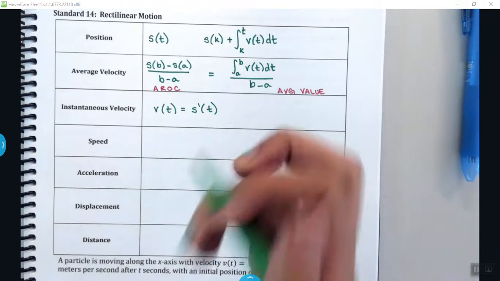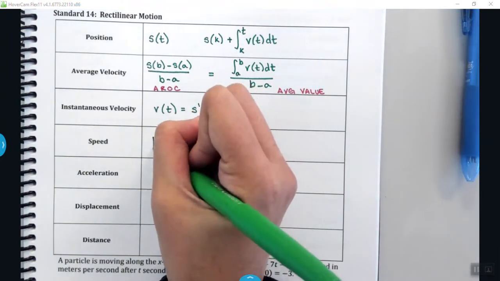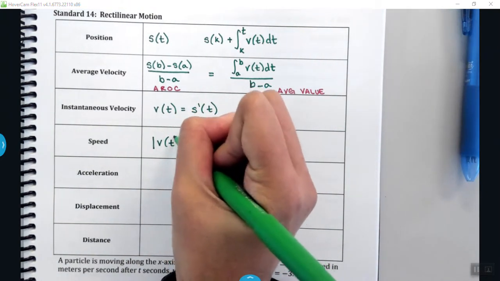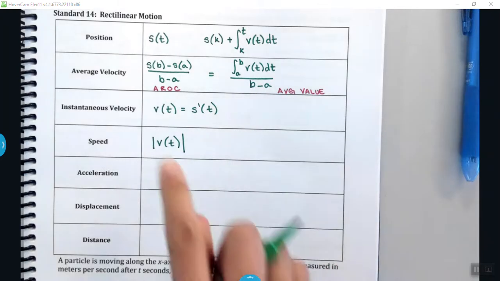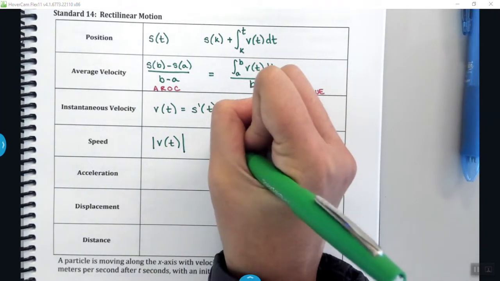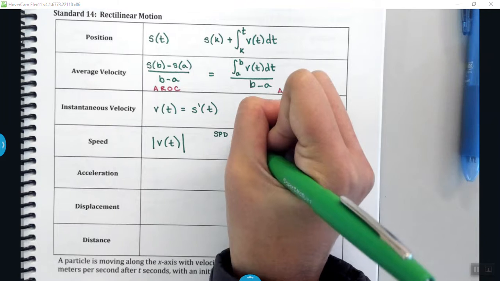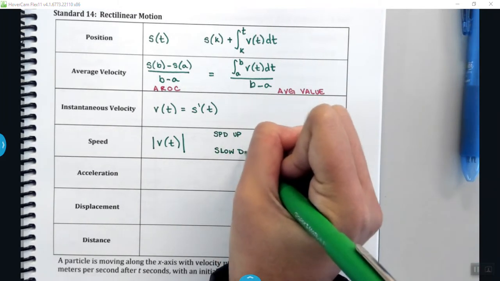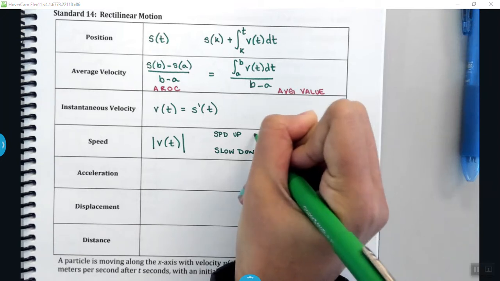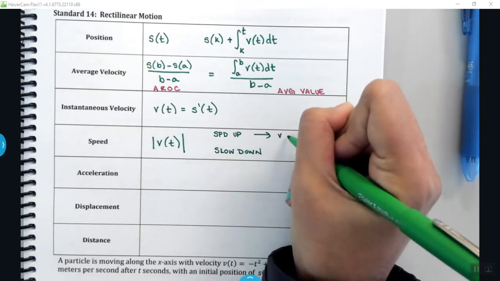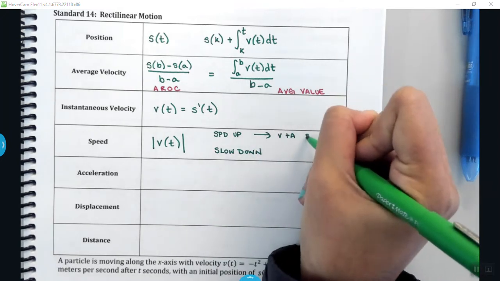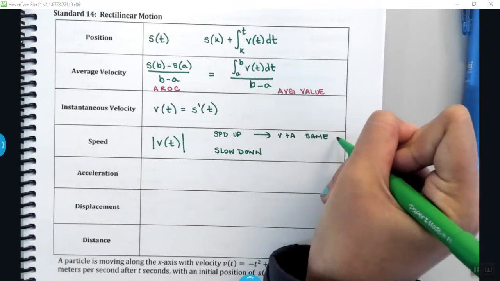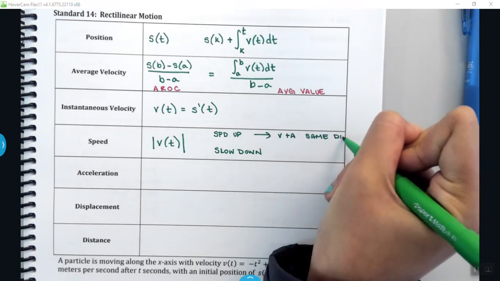Speed is absolute value of velocity. Still, don't forget speeding up. What's speeding up? When the acceleration and velocity go in the same direction. Velocity and acceleration, same direction.